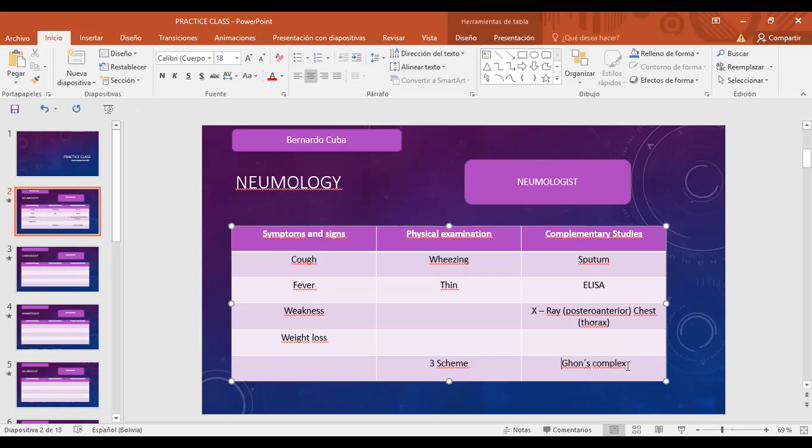No. Okay, so the Ghon complex is a finding when you have your X-ray, when you have your thorax X-ray. This is a sign, okay? So there's, you know, a weight, right?